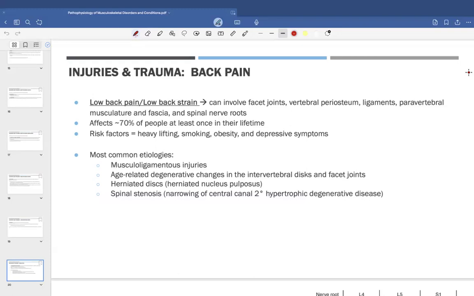As far as common etiologies of back pain, most of them are musculoligamentous, so it could be a strain or a sprain. If it's a sprain, it tends to be more specific. If it's a strain, it can sometimes feel more general, and strains will often result in muscle spasm.